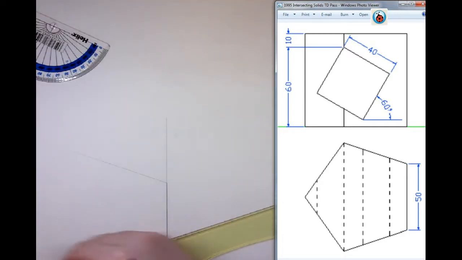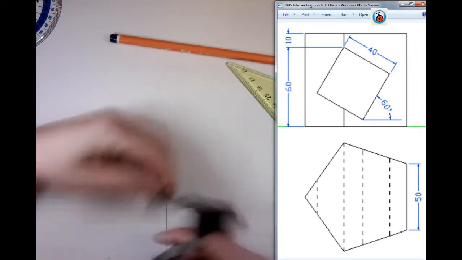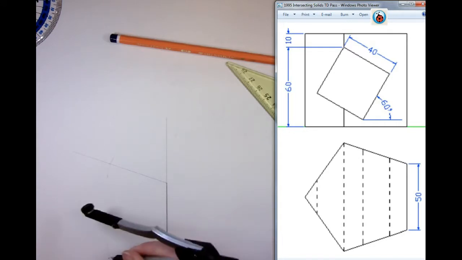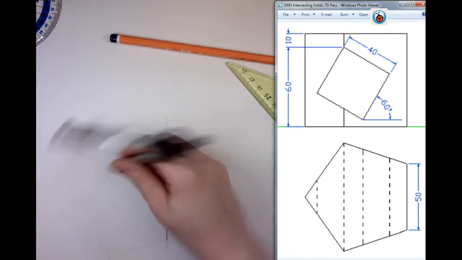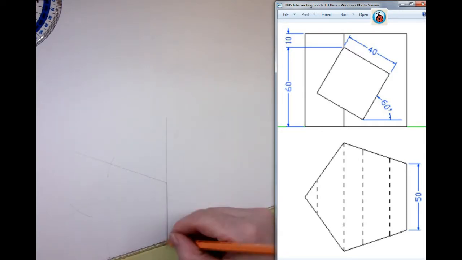Now to get the rest of your pentagon, nice little trick: get the length of your side on your compass, swing your arc, same distance. That gives us our full pentagon shape.